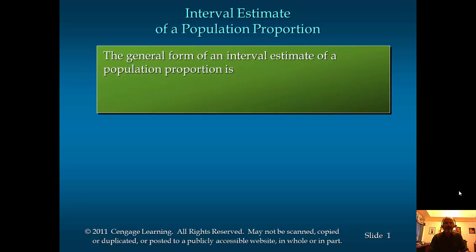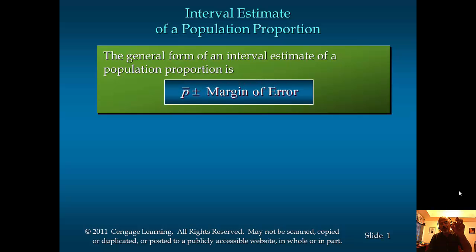So what we have here is the population proportion p, for which we want a confidence interval, and it has the same format. Your point estimate is p bar, and then you have the margin of error. So how do we find the margin of error? Since you have only two possible values, that kind of distribution is a binomial distribution, so we can use the binomial distribution properties in our calculation of margin of error.